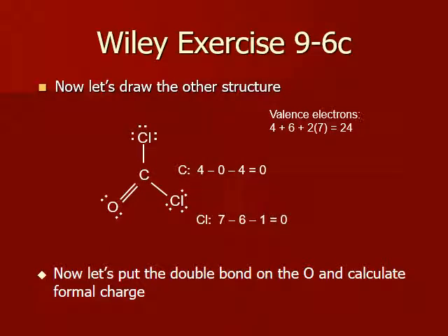This chlorine with the single bond, 7 minus 6 minus 1, 0, just like on the previous structure. Our other chlorine has a single bond, but first, our oxygen, 6 valence, minus 4 dots, minus 2 lines. The oxygen now has a 0. Our final chlorine also has a 0. All atoms have a 0 formal charge.